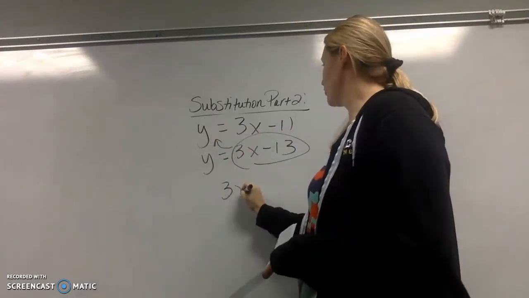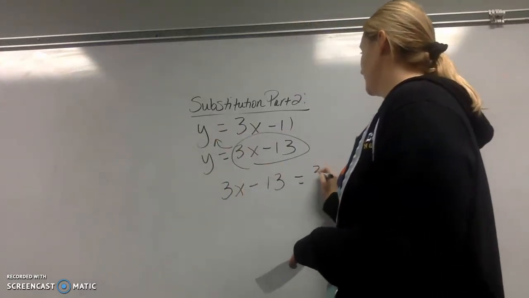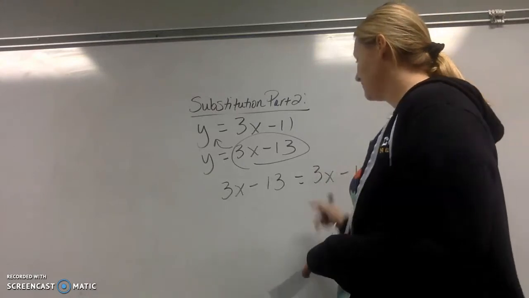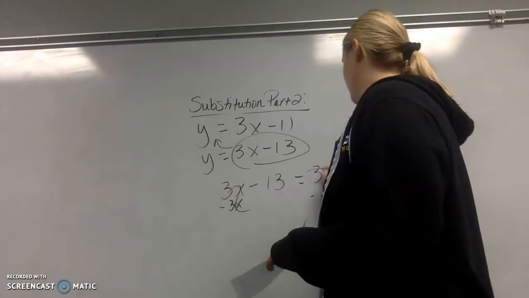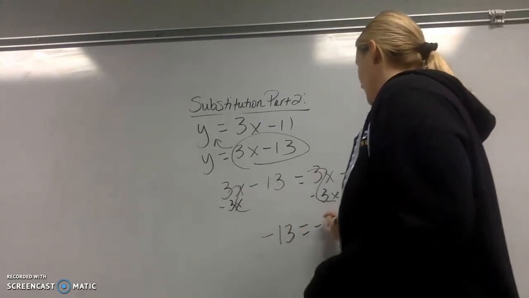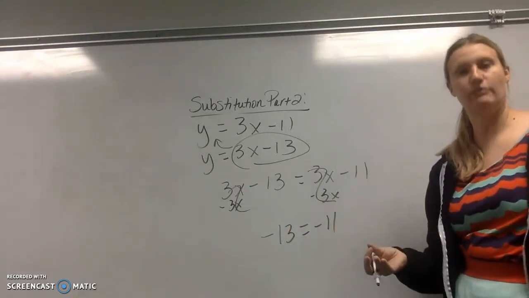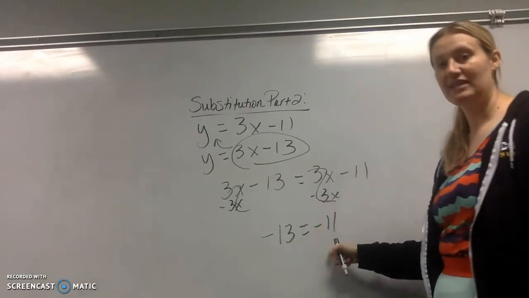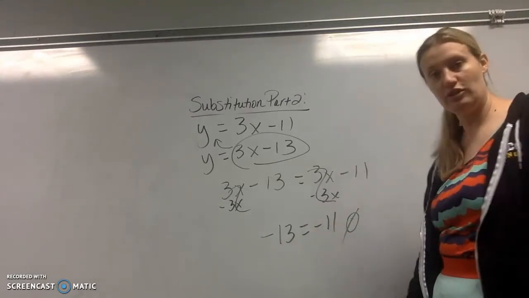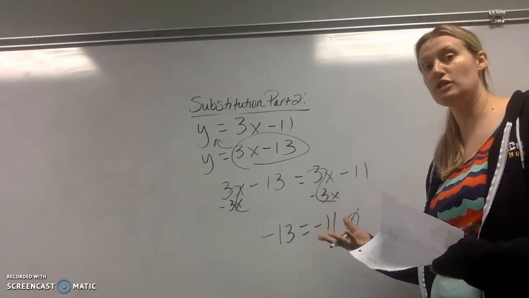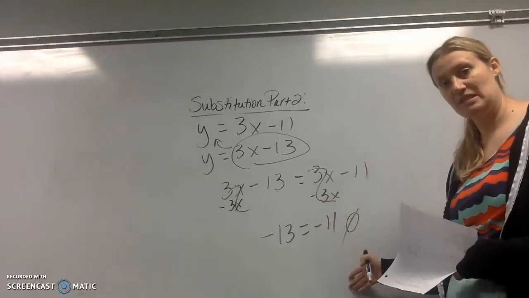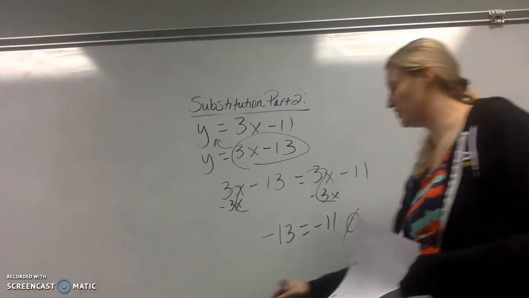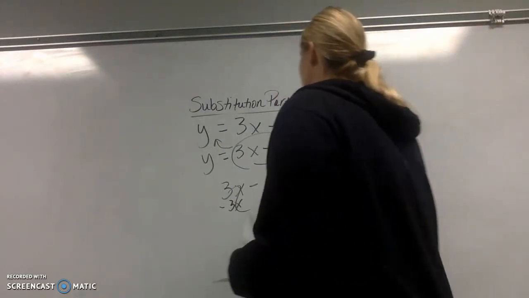So I'm going to have 3x minus 13 equals 3x minus 11. If I zero out the variable on each side, you're going to have -13 equals -11. So just like we've done in past problems, this is not true, so this is a no solution situation. So if you do substitution and you end up with variables zeroing out and you end up with something that's not true, just like before, you have a no solution situation.